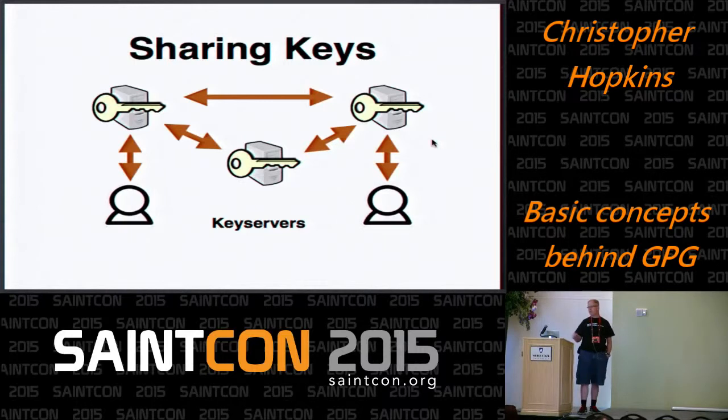Normal default behavior for a key server is that they synchronize with each other. So if you upload your public key to the MIT PGP key server, the GNU or Free Software Foundation's server is going to sync with it. So even though you upload only to one server, they're synchronizing with each other.